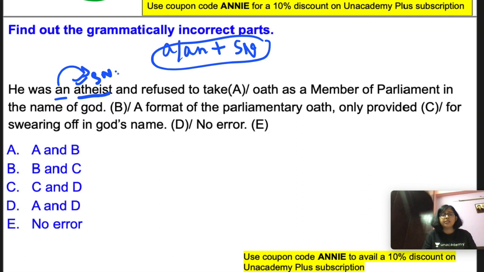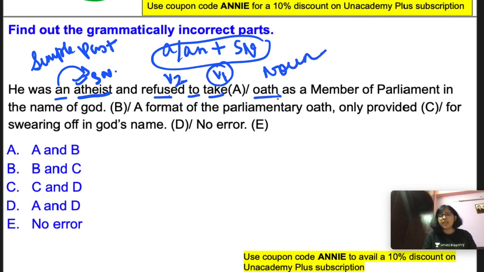Refused to take, the sentence is in simple past tense. Refused to take, "to" plus V1, infinitive, correct. To take what? Oath. Oath is a noun. To take oath as a member, "a" plus singular noun, so "member" is correct. Member of parliament in the name of God. "The" plus noun, so "name" is a noun over here. "Of" plus noun, God. Now "of" requires an object, and the object here is God.